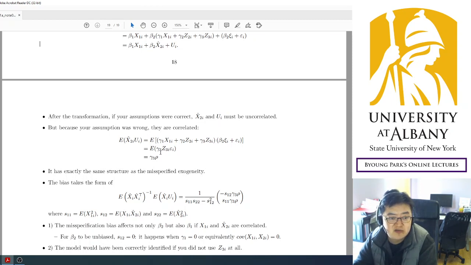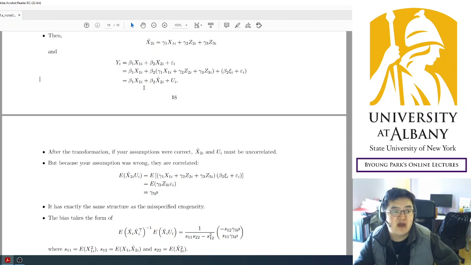So as a result, you get gamma 3 rho. As you can see, this is an endogenous variable. Because this is endogenous, its bias affects beta 1. Beta 1 is also biased. Now it equals the misspecified exogeneity example. So beta 1 is biased. Of course, beta 2 is biased because x hat is endogenous.